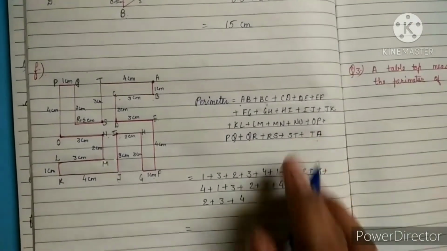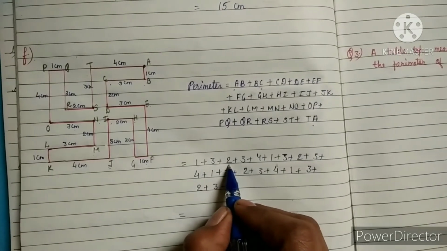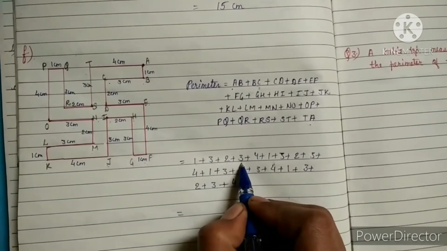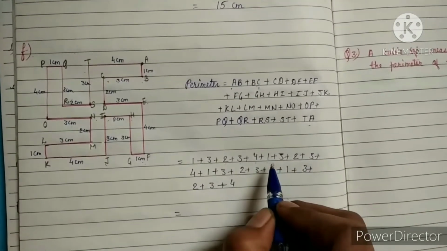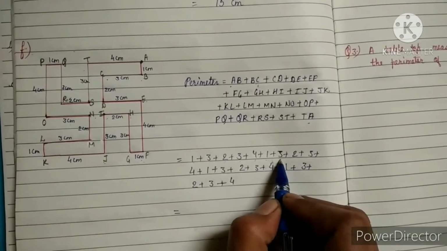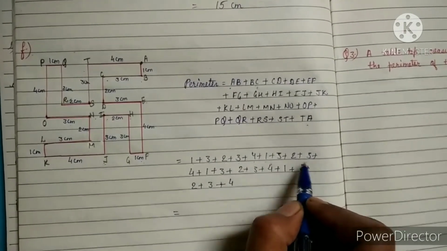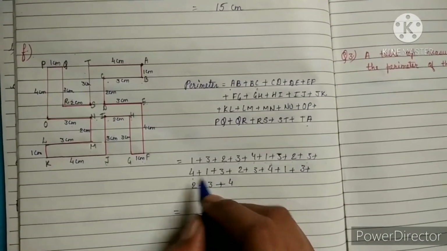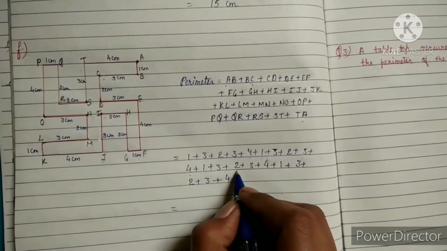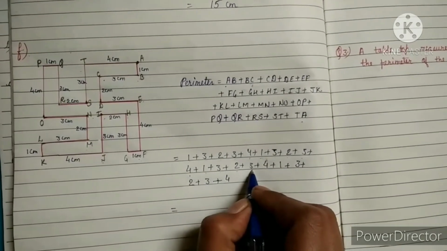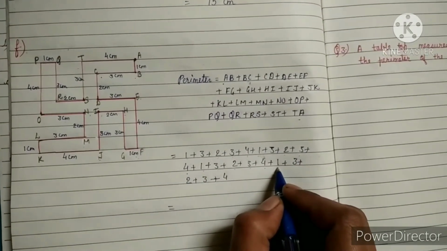Okay, now simply we will add them. 1 plus 3 is 4, 4 plus 2 is 6, 6 plus 3 is 9, 9 plus 4 is 13, 13 plus 1 is 14, 14 plus 3 is 17, plus 2, 19, plus 3, 22, plus 4, 26, plus 1, 27, plus 3, 30, plus 2, 32, plus 3, 35, plus 4, 39, plus 1, 40.